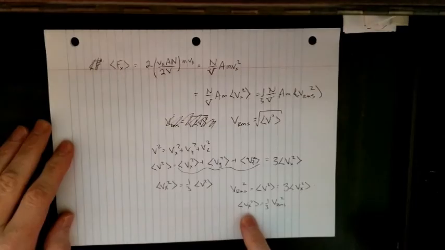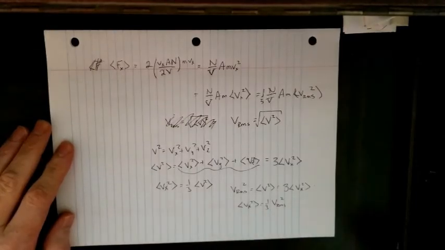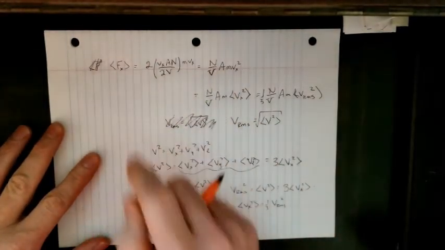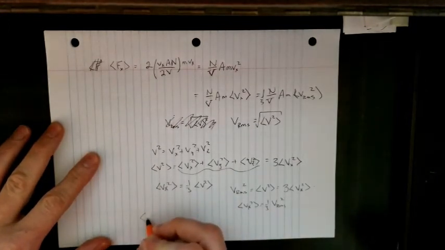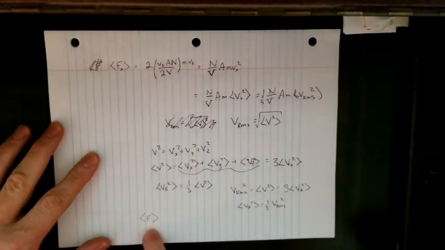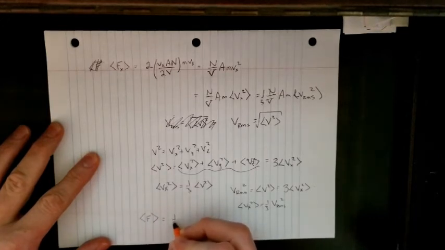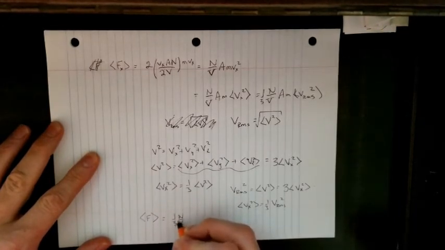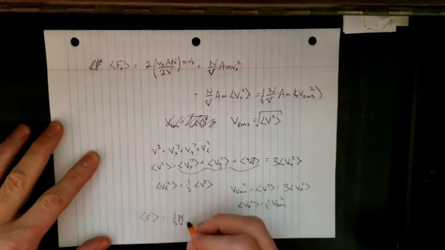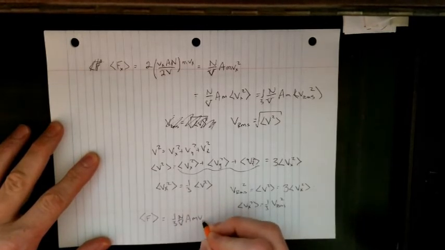So with the average value of Vx squared being 1/3 of the RMS squared value, we can now come back up here, and the average value of the force, no longer just in the x direction, is going to be equal to 1/3 particle density times m VRMS squared.